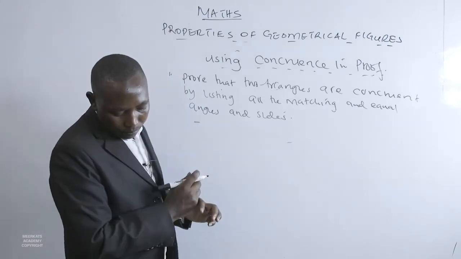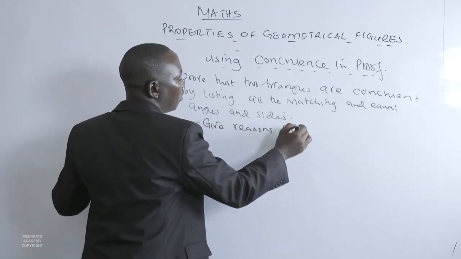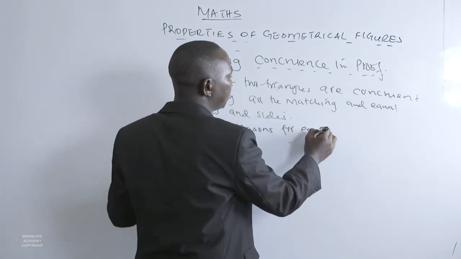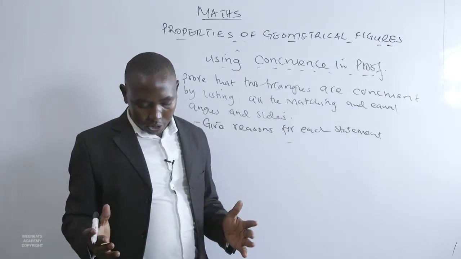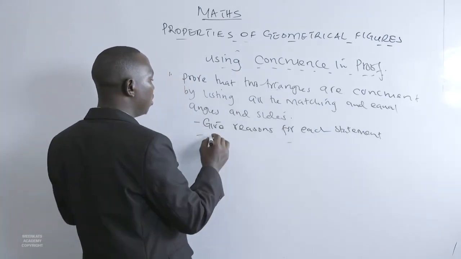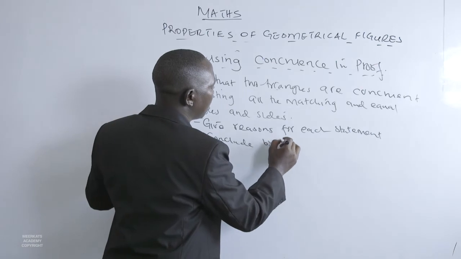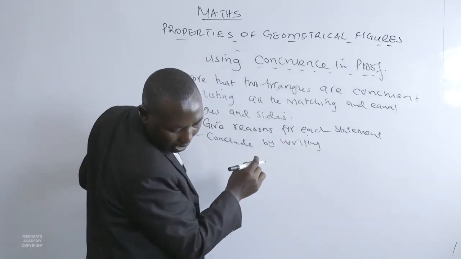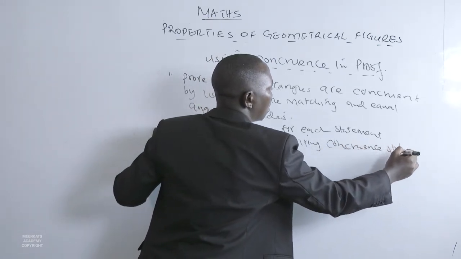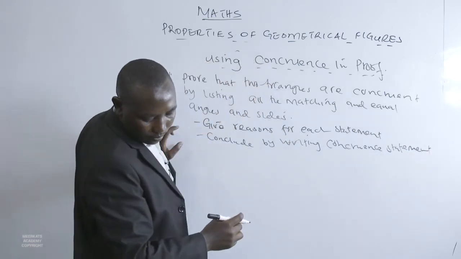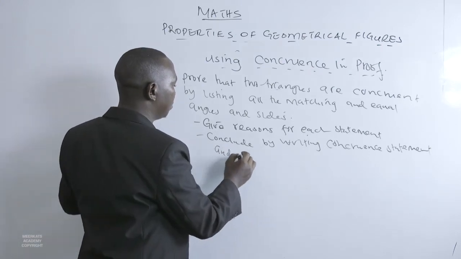Then on each of them, you give reasons for each statement. You should be able to back up each statement with a reason. Then you conclude by writing the congruence statement and the congruence test.